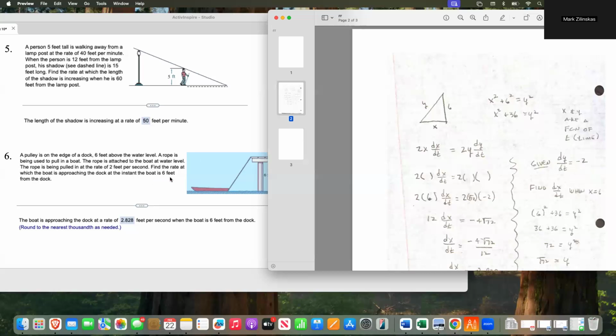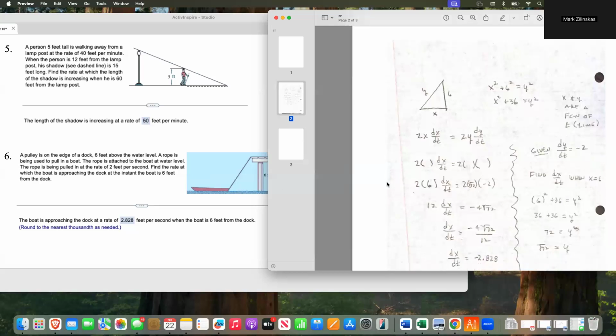So in other words, we want to find dx/dt. And we want to find it at the instant when x is equal to 6, because that's when it's going to be 6 feet away from the dock. Okay. So it's going to give us a sense of how fast that boat is moving at that particular instant or point in time.